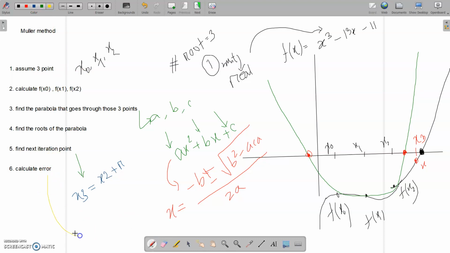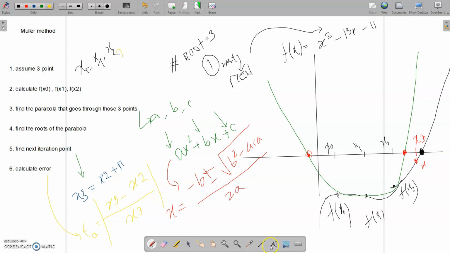So I am going to calculate epsilon a, that is equal to my current approximation, my next iteration point x3, minus x2, that was our previous approximation, divided by x3, to get the relative approximation error. Then I take the absolute value and use it as a percentage value. So I calculate the error to use it as a tolerance value. We'll look into it later.